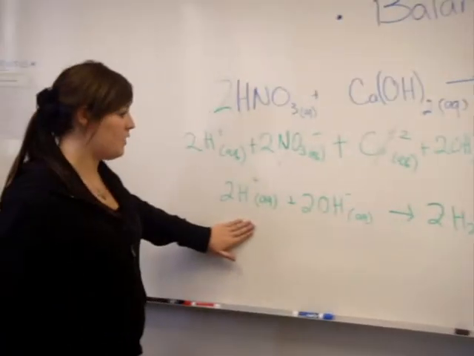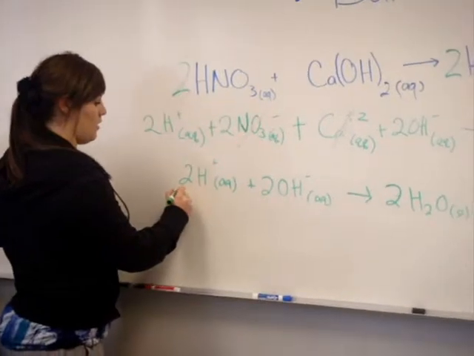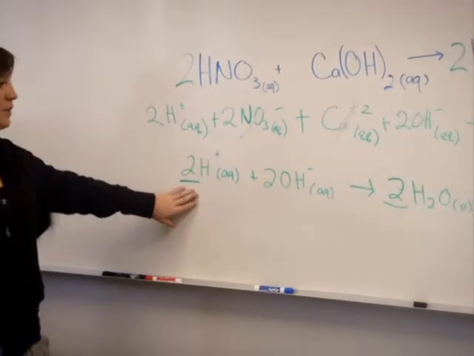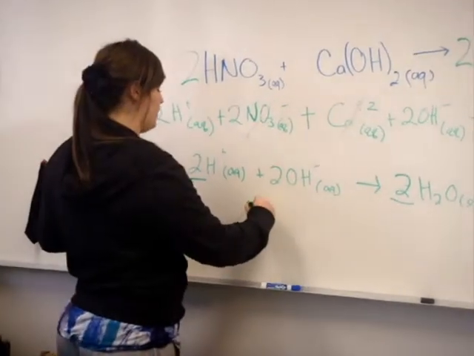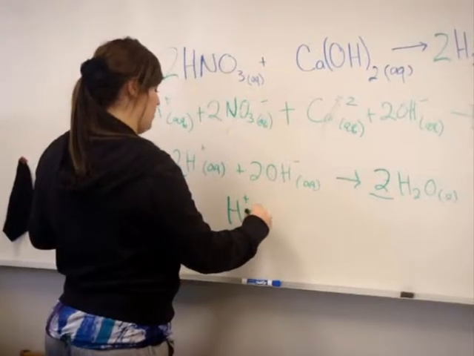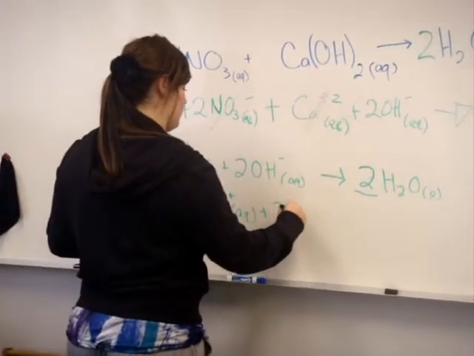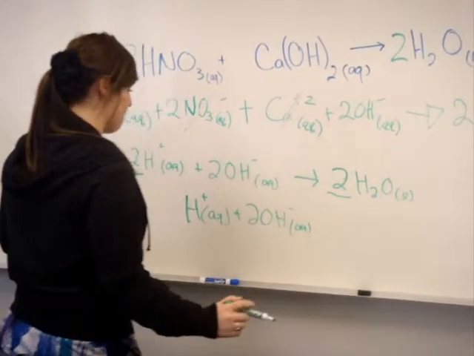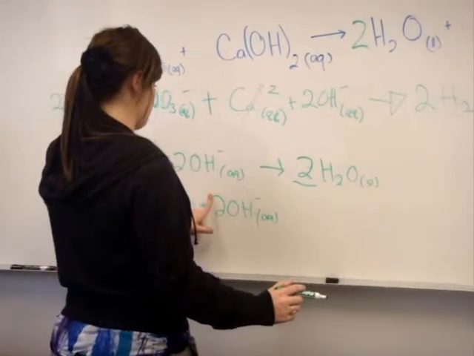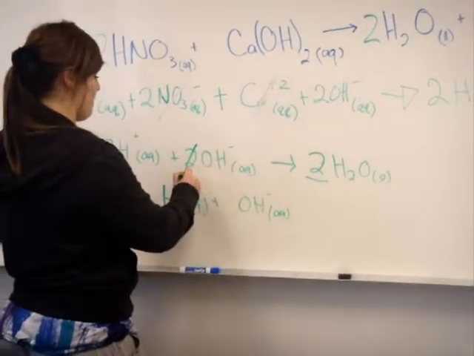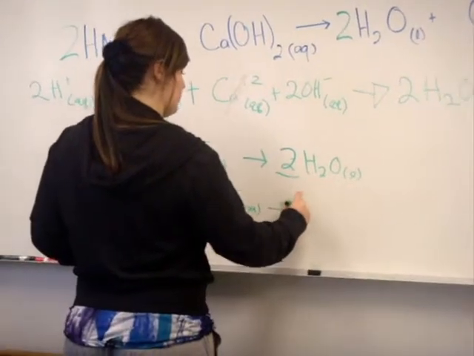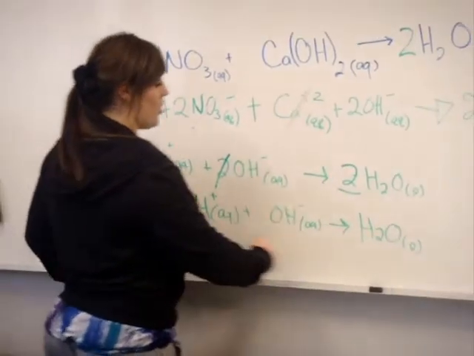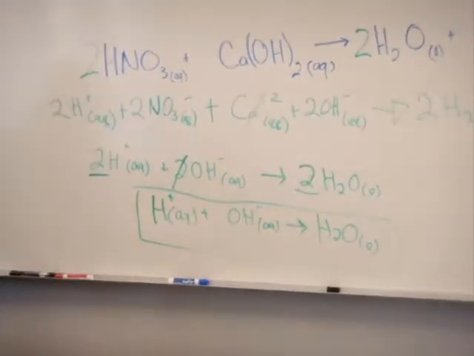And that's it for the net ionic, but then you also have to look at this and this, and they cancel out because they're both 2's. The 2 for the hydroxide is canceled out also, because they're all 2's. And that's your net ionic. Ta-da!